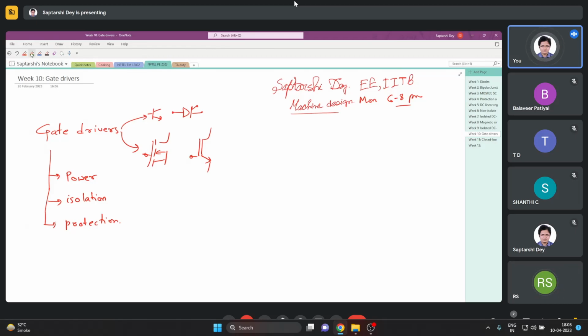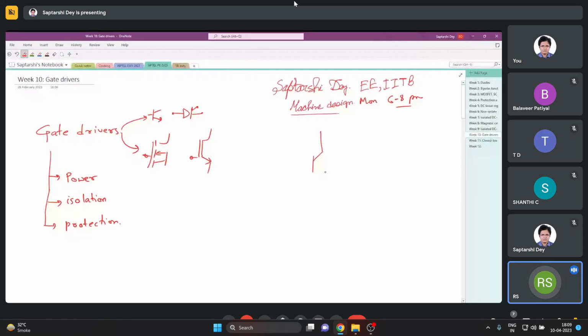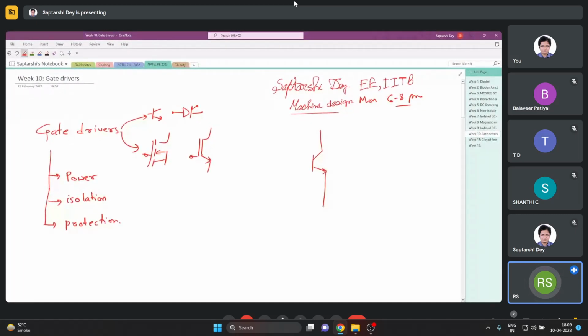No, it's not like that. Okay, go ahead. Sir, I just want to know that between source and gate, we need to give only 15 volts or 20 volts, and then when we make it zero, the switch is going to be off. So why does the need for isolation arise? Because anyway we are going to give only 15 volts to the gate with respect to the source.